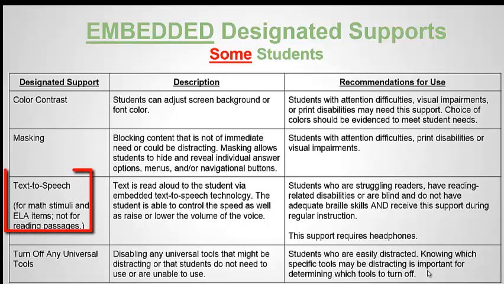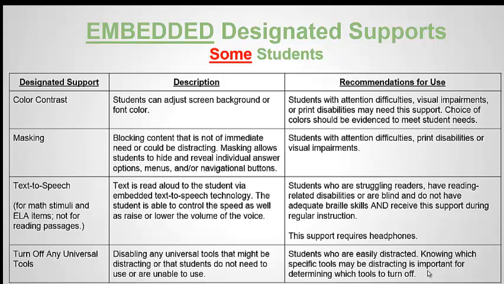In the text-to-speech support, text is read aloud to the student via embedded text-to-speech technology. The student is able to control the speed as well as raise or lower the volume of the voice via a volume control. Students who are struggling readers may need assistance accessing the assessment by having all or portions of the assessment read aloud.